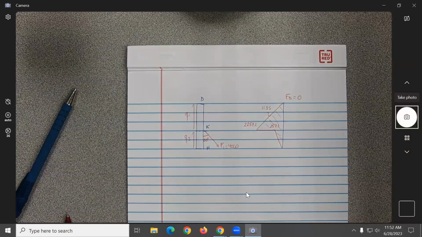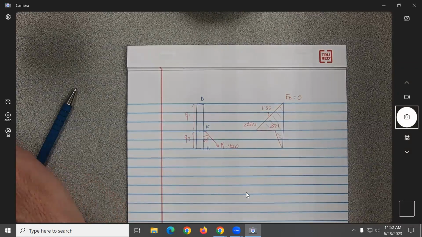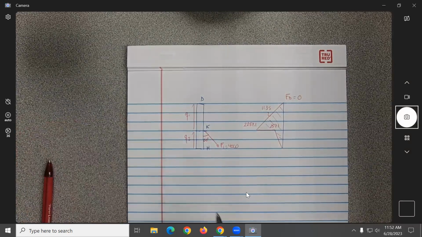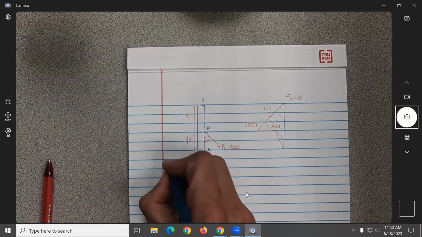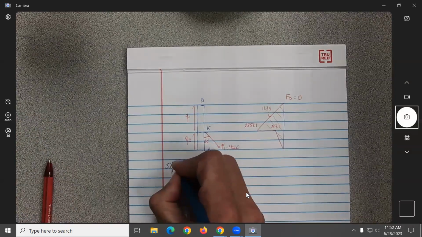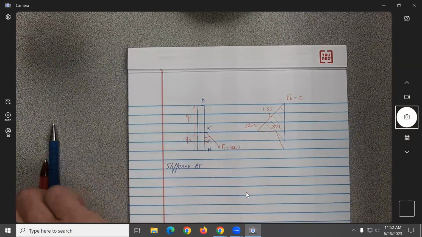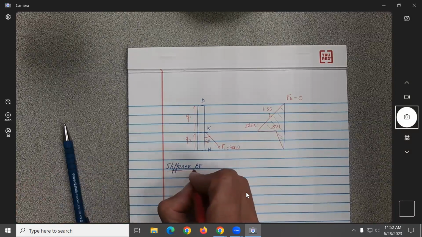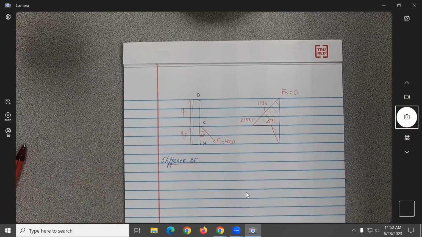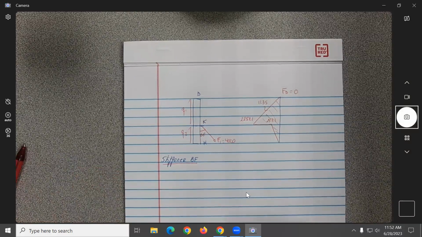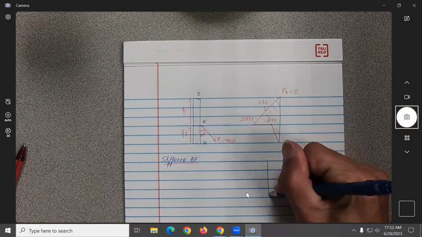All right, so now we're going to look at another stiffener. Now look at the stiffener BF. Stiffener BF will do more or less the same.